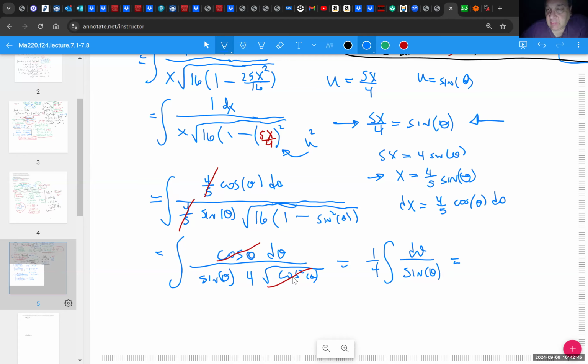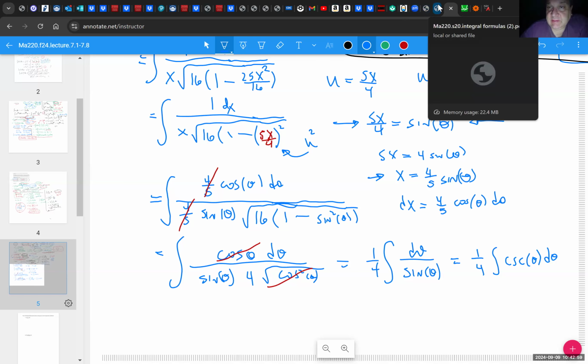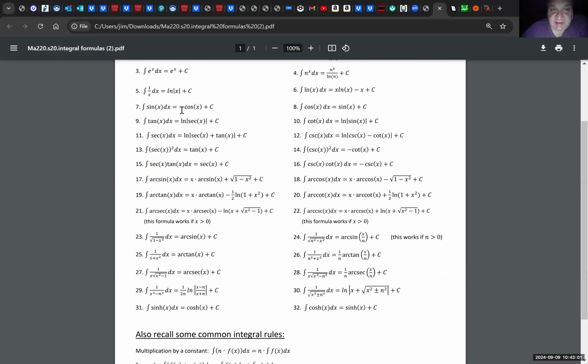All right, so we're going to write this in terms of not a fraction, so we can do our trig formulas. 1 over sine is just cosecant. And the antiderivative of cosecant is one of our standard formulas. On my sheet, it's number 12. The antiderivative of cosecant x dx is natural log of cosecant minus cotangent.